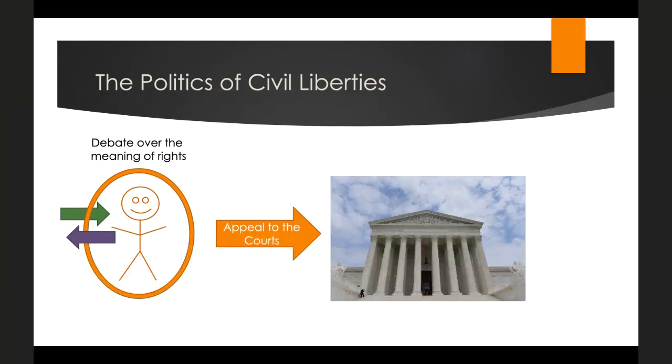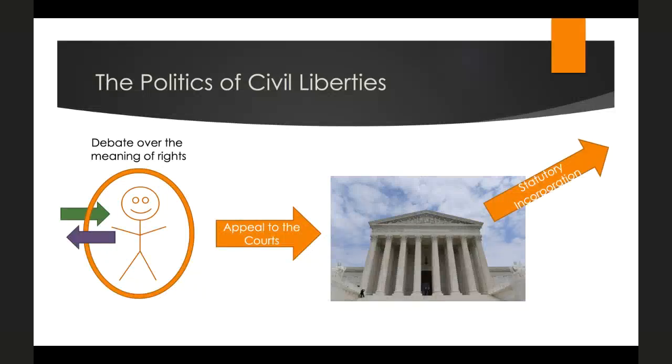This is the kind of argument that Hamilton makes in the Federalist that you read last unit, that in order to preserve a limited constitution and preserve the liberties and rights of the people, you need to have an independent judiciary. Now, we've already seen that the judiciary is not really as apolitical as we said, but when we're talking about liberties, rights, and rights claims, the court ruling doesn't settle things once and for all.